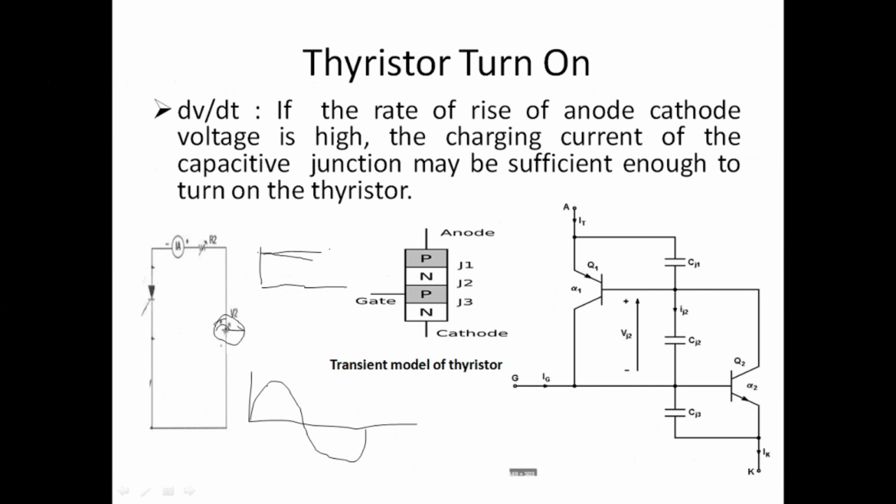Somewhere here this is the change in voltage, and this is the change in time. This height gives the change in voltage, and this gives the change in time. Assume that this is 0 voltage and this amplitude is 1000 volts.